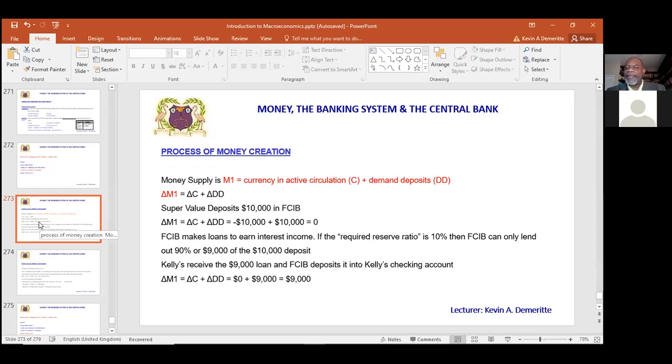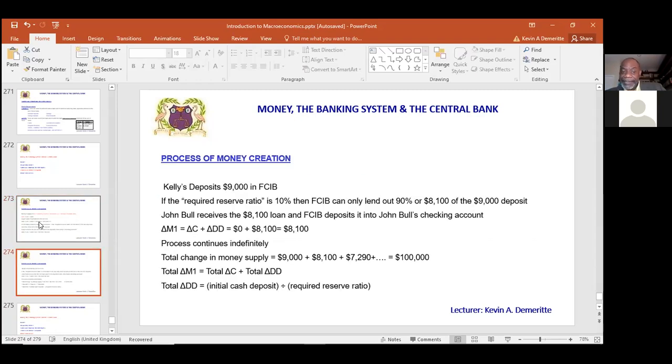Money supply, remember now, we started off with 10,000 that FCIB had available to lend out. FCIB was only able to lend out 9,000 of that 10,000. Now that 9,000 came back into the banking system.